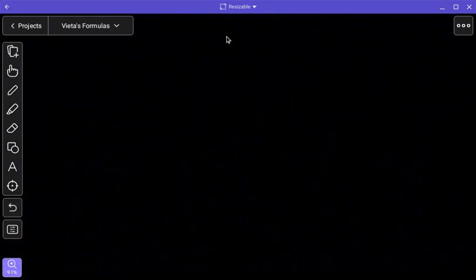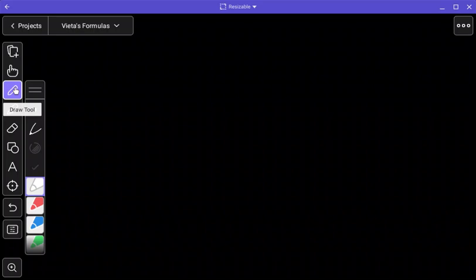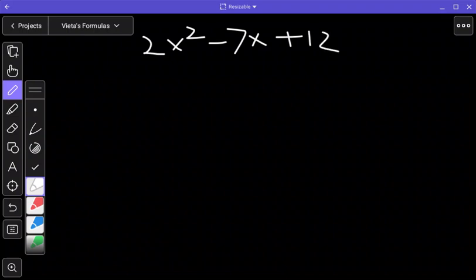Now let's look at a slightly trickier example: 2x squared minus 7x plus 12. And you want to find out the value of r1 squared plus r2 squared, so the sum of the squares of the two roots. It's not immediately obvious how we can calculate r1 squared plus r2 squared.